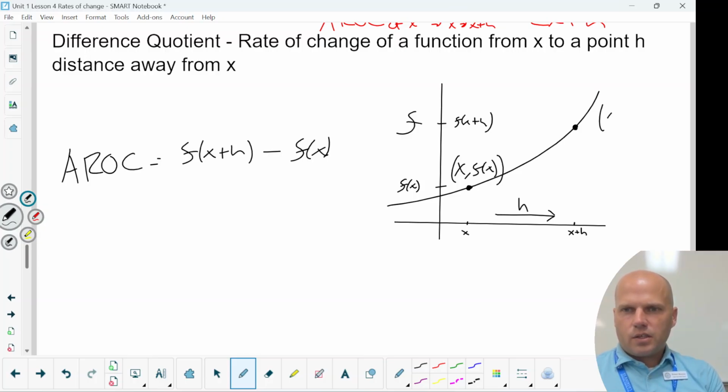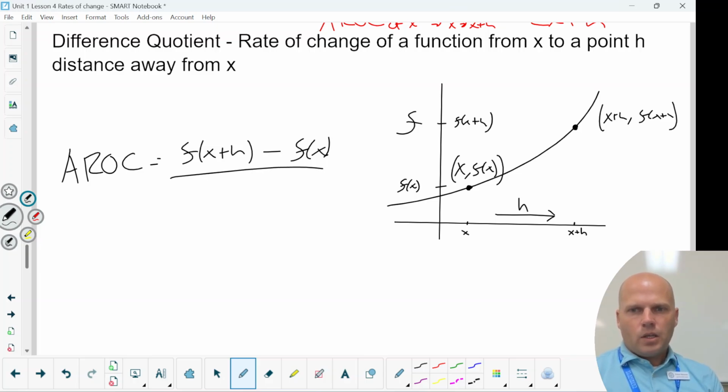And then here, this is x plus h, comma, f of x plus h. And then over, yes, it is x plus h minus x, but we realize that this is the distance between them, h.